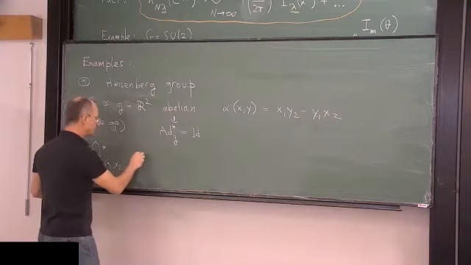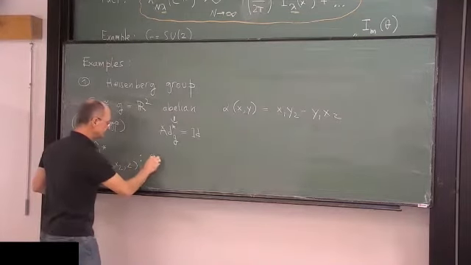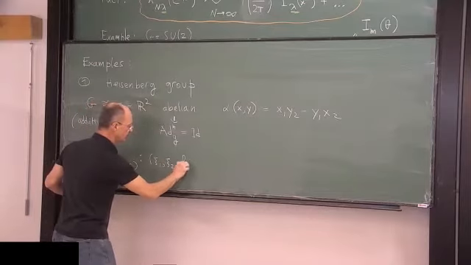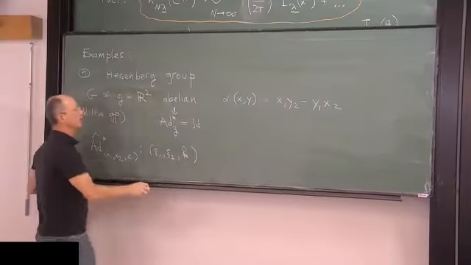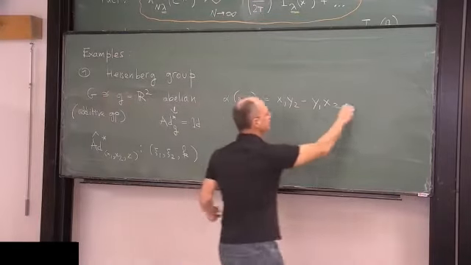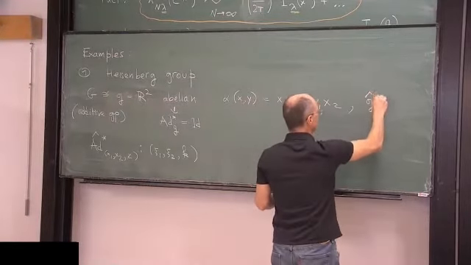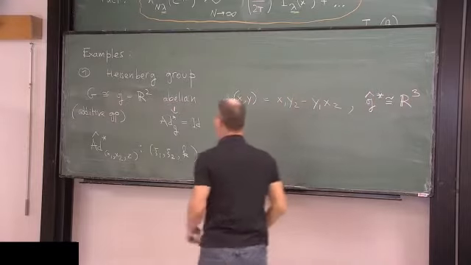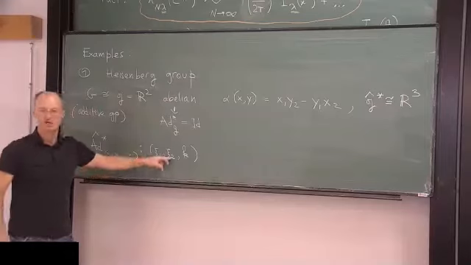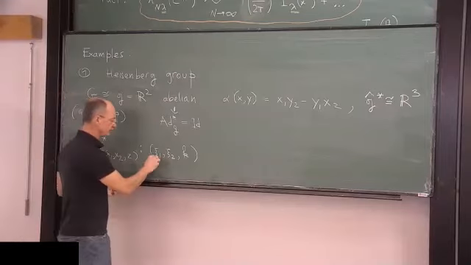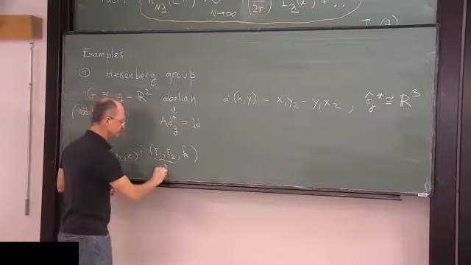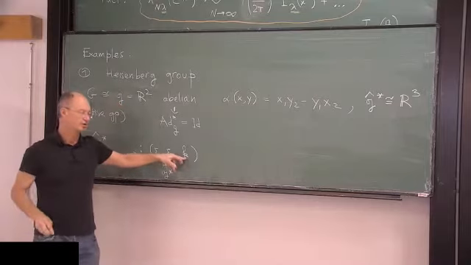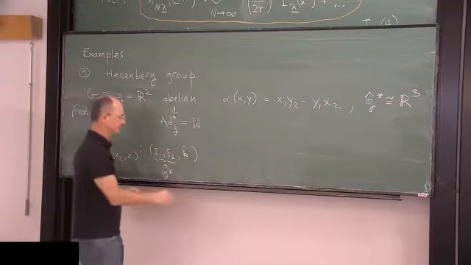And I'm acting on psi1, psi2, and here K. So G-hat star is isomorphic to R3. So the first components, these are components of an element of G star, and that's the coordinate along this dual to the central line.